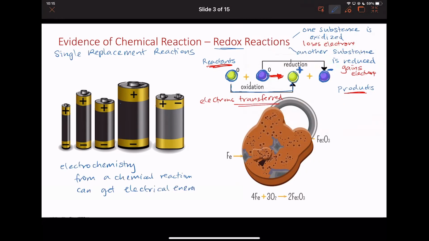And so that's what batteries are. So batteries are stored chemical energy that is converted to electrical energy because there's a transfer of electrons. There's a flow of electrons.